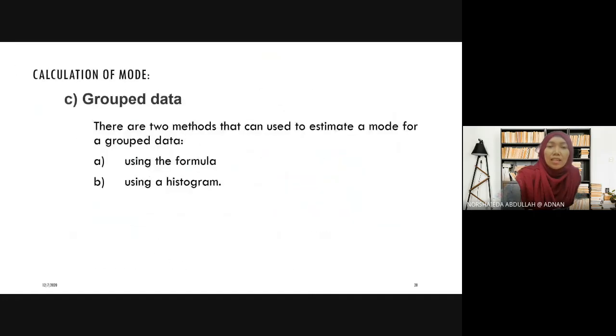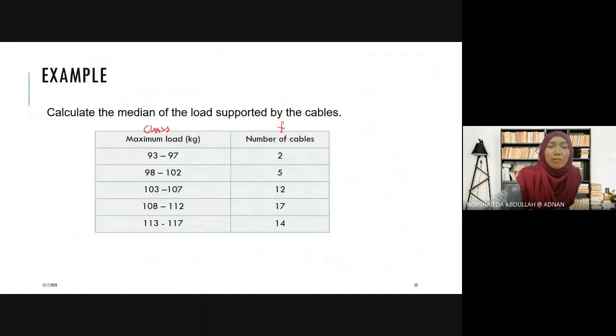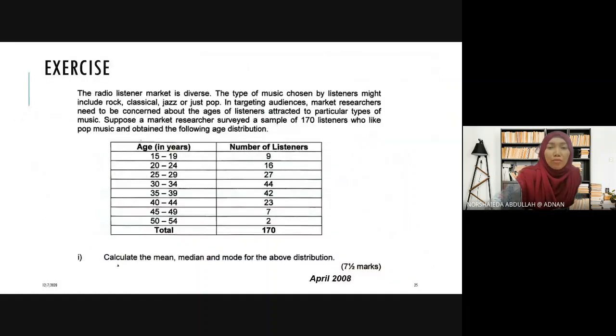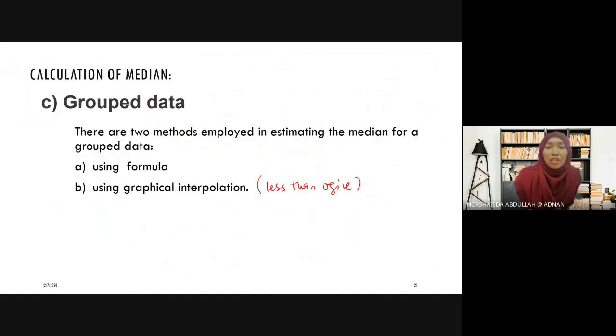Earlier I missed something for the median: finding the median using the graph. The median has two methods, using the formula and using the graph. Using the graph, we use the ogive.